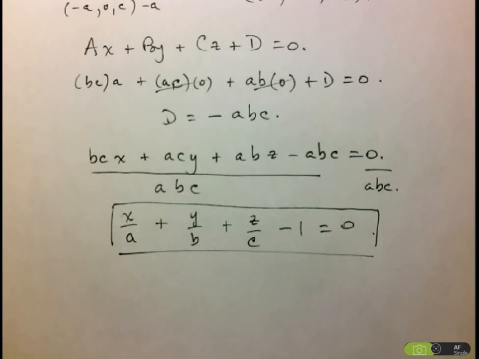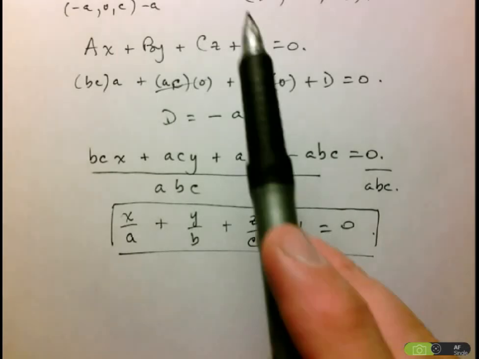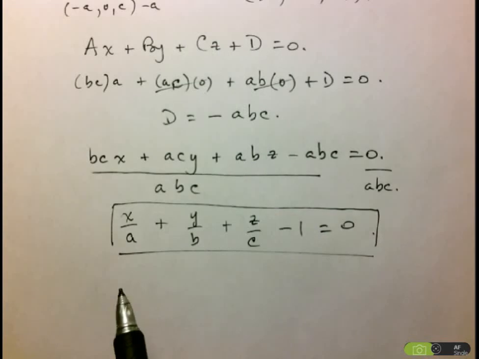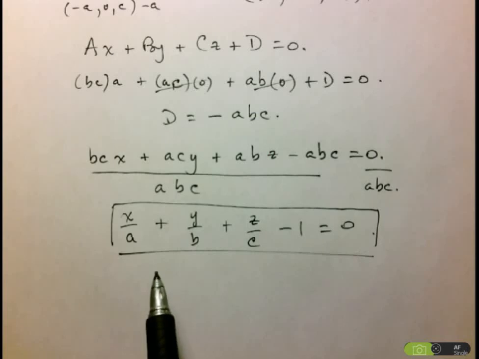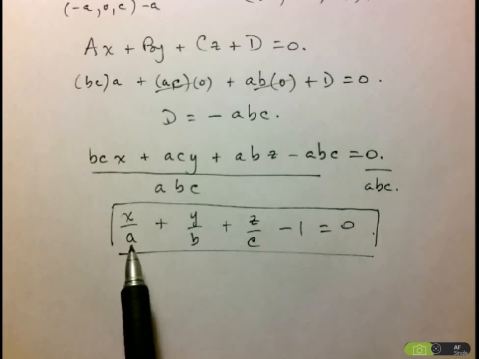So if that happens to be the information that's given, you don't even really have to go through all the process of finding your direction vectors, taking the cross product to find the normal vector, etc. If you happen to know this format, since we've shown it completely generally, this gives us the equation directly for the plane with the x-intercept A, y-intercept B, and z-intercept C. Okay, that is it.